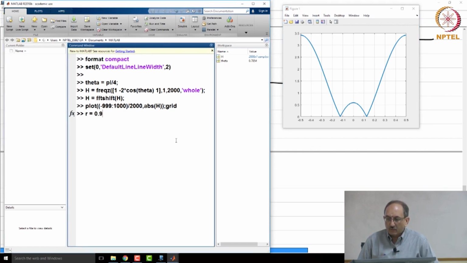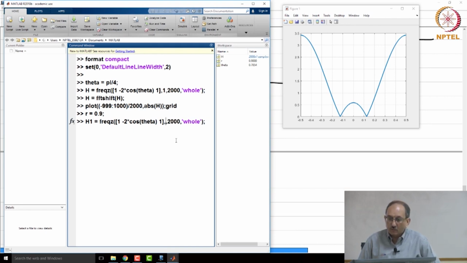Now, let us make the pole to be 0.9. The numerator stays as it is.